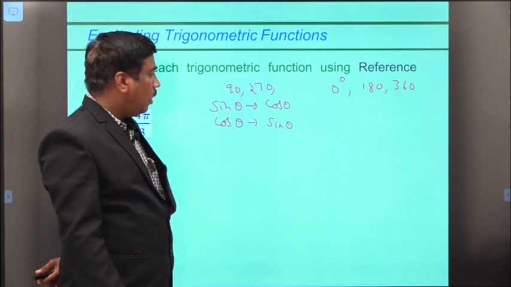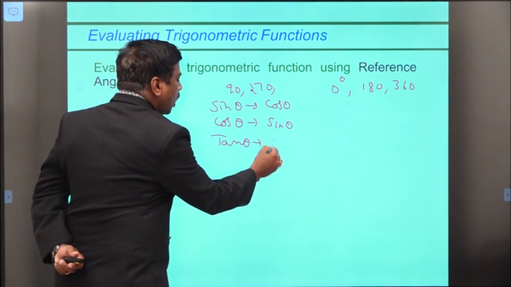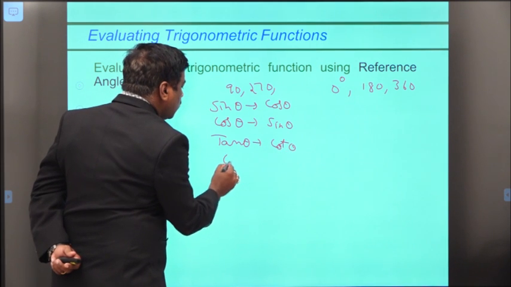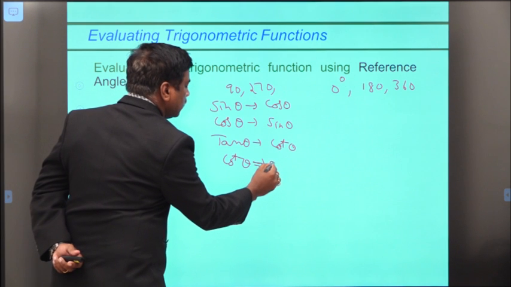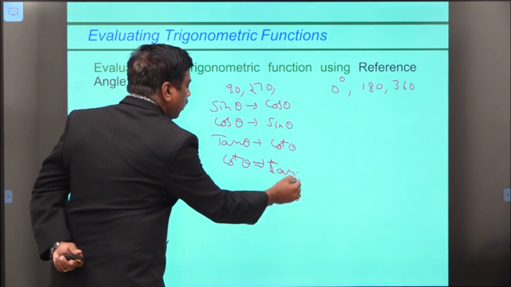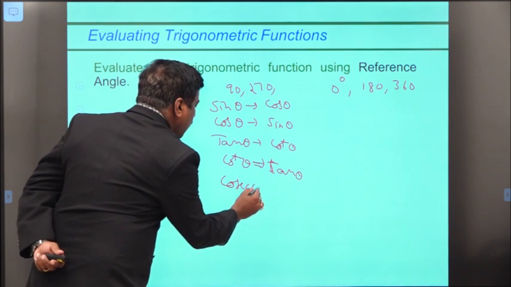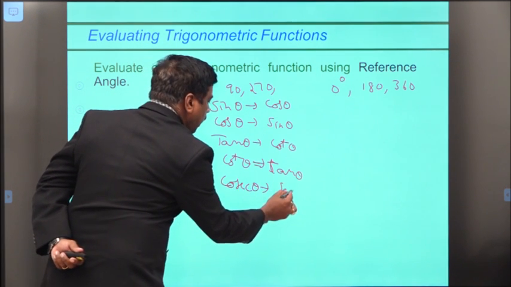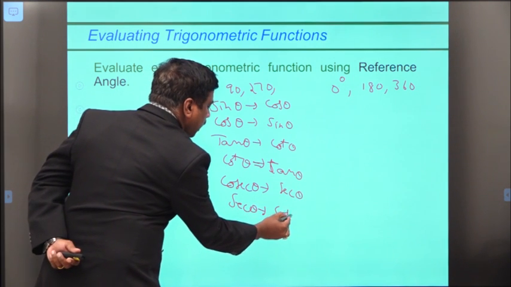Will you catch my point? Now, tan theta is transformed to cot theta and cot theta is transformed to tan theta. Similarly, cosecant theta is transformed to secant theta and secant theta is transformed to cosecant theta.